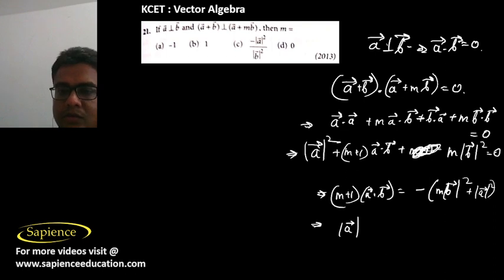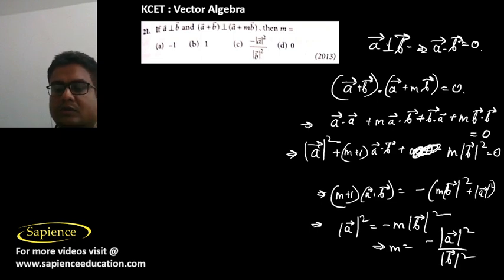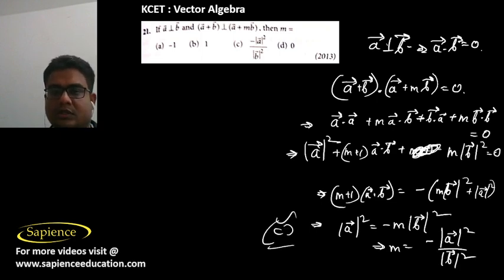Therefore, magnitude of A whole square is equal to minus of M mod B square. Therefore, M is equal to minus of mod A square by mod B square. Therefore, option C is the correct answer.